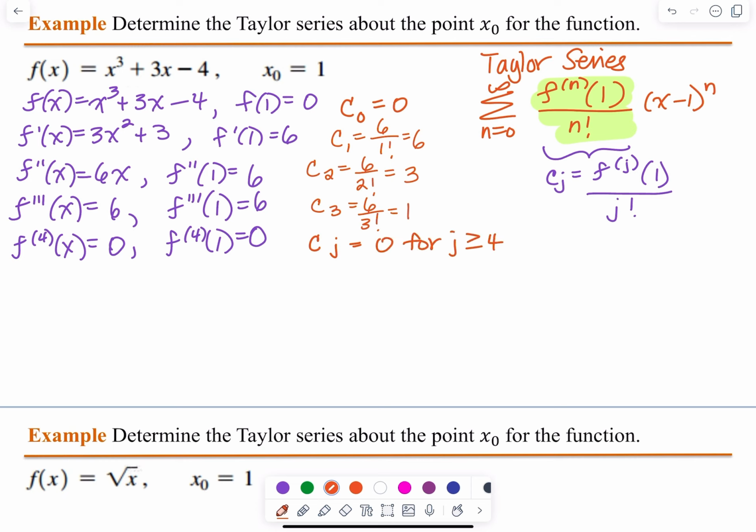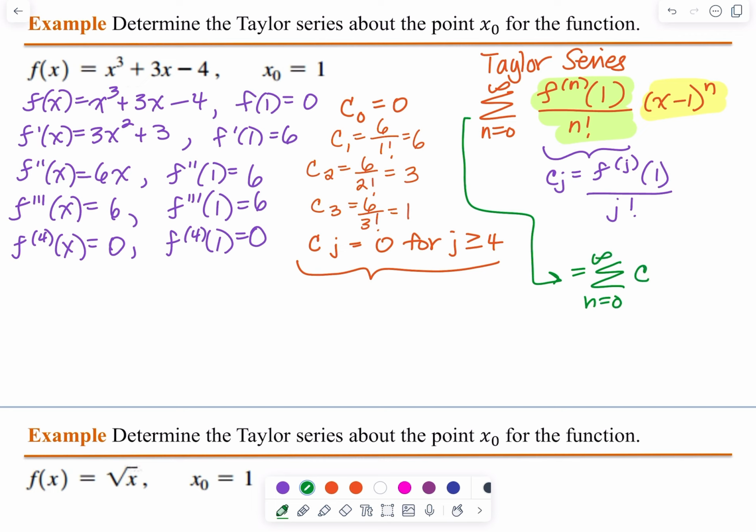So now we're going to put all of this together. All we have to do is multiply by this right here. So it's going to be c sub j, our constant, multiplied by that x minus 1 to the nth power, okay?